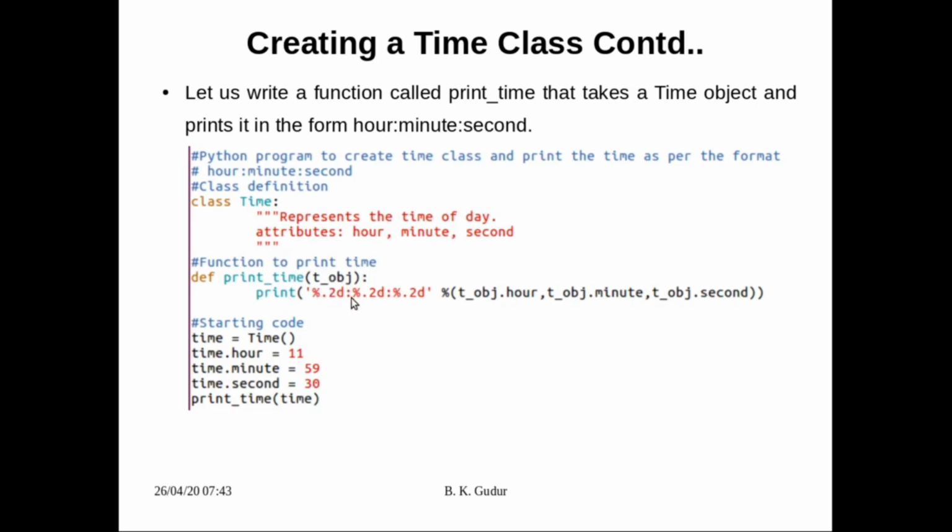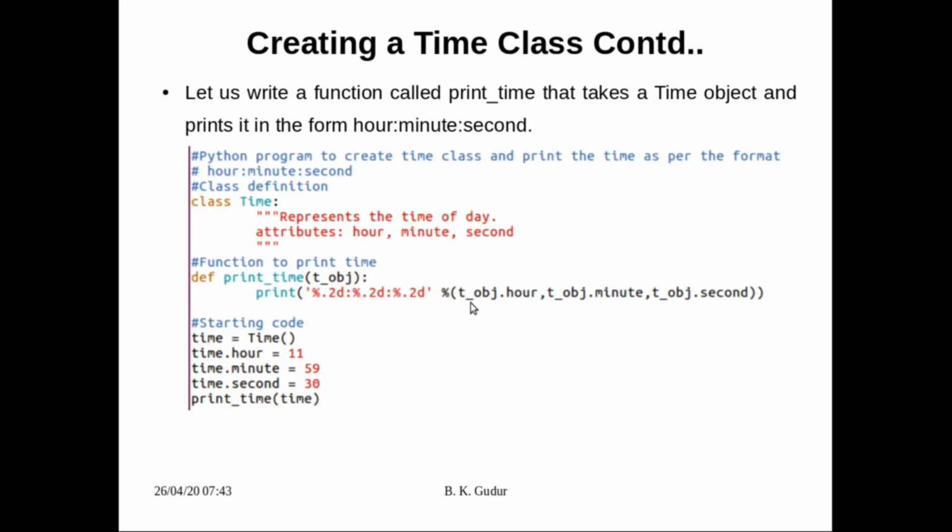Now look at this print. Say I might have given the time as 8 hours 29 minutes 3 seconds, but while printing I want to print everything as a 2-digit number. For that purpose we should write %.2d colon %.2d colon %.2d, so that even a one-digit number will be printed as 2 digits, like 3 will be printed as 03 or 8 will be printed as 08.